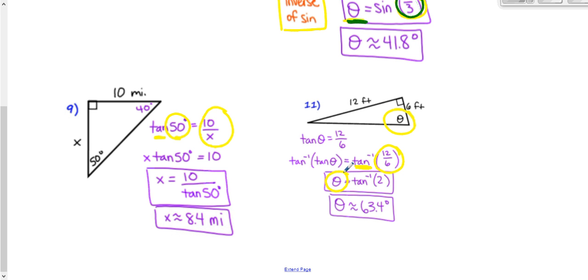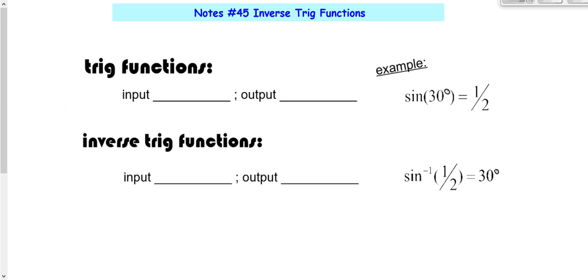Hopefully we're getting the point I'm trying to make, because today we're going to be looking at the graphs of inverse trig functions and how we use inverse trig beyond just a right triangle. That's a lot of what we've been doing in this semester, learning how we use trig beyond just the simple right triangle.